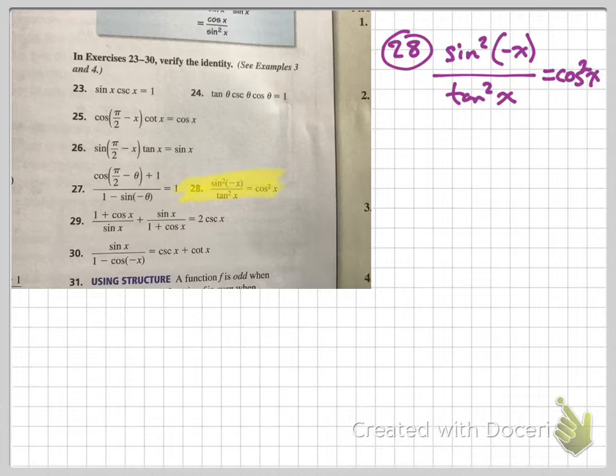So I want to walk through this one because the first thing is this interesting notation, like sine squared of negative x. As you may have seen in one of my other videos, this actually means sine of negative x, the whole thing squared.